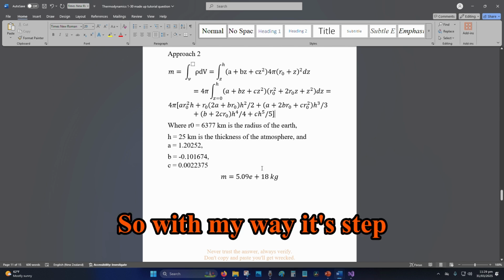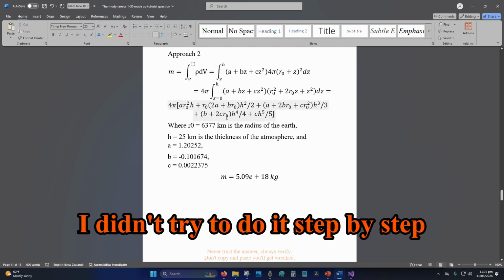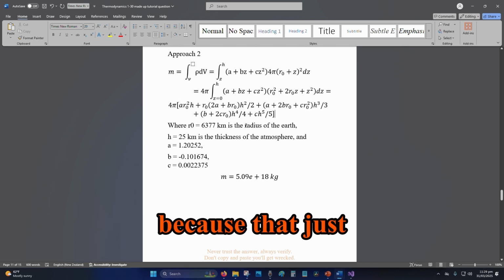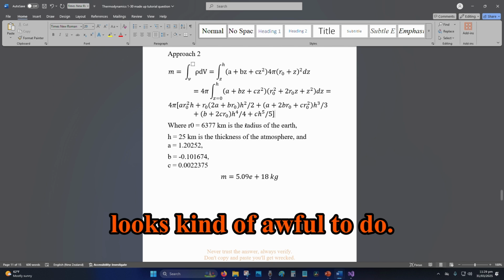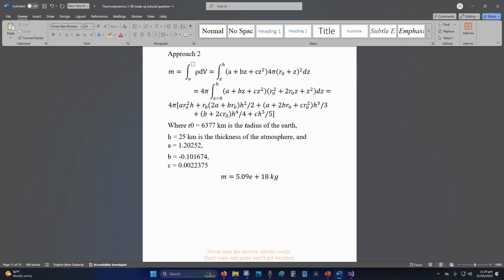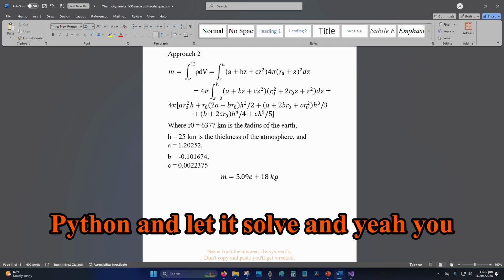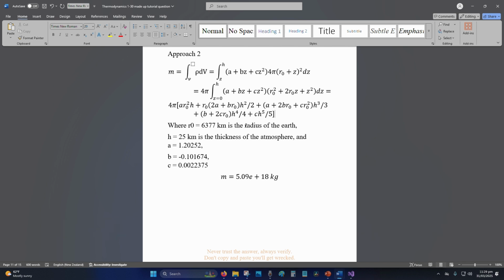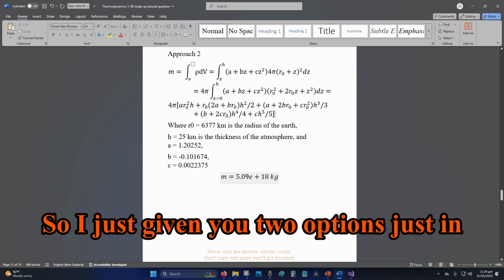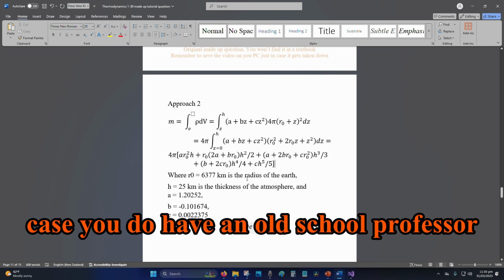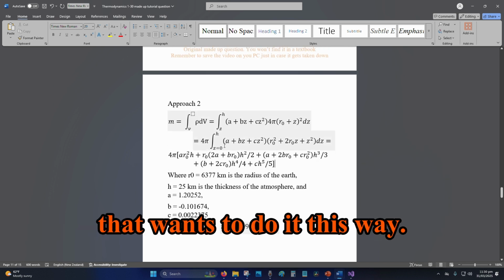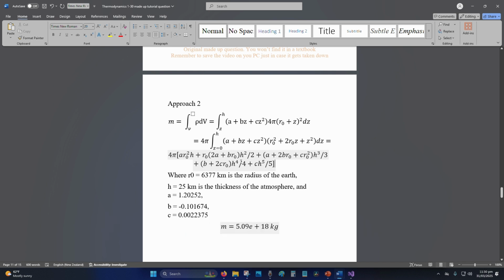So with my way, it's step by step. With their way, I didn't try to do it by step because that just looks kind of awful to do. Yeah, you could plug that into MATLAB or Python and let it solve. So I just gave you two options just in case you do have an old school professor that wants to do it this way.